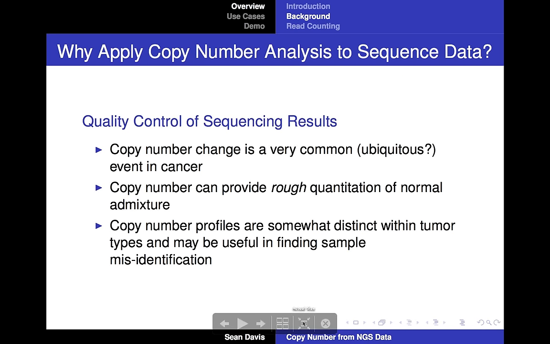So if the amount of normal admixture is high, then any copy number changes that we can see are actually compressed toward looking more and more like normal.